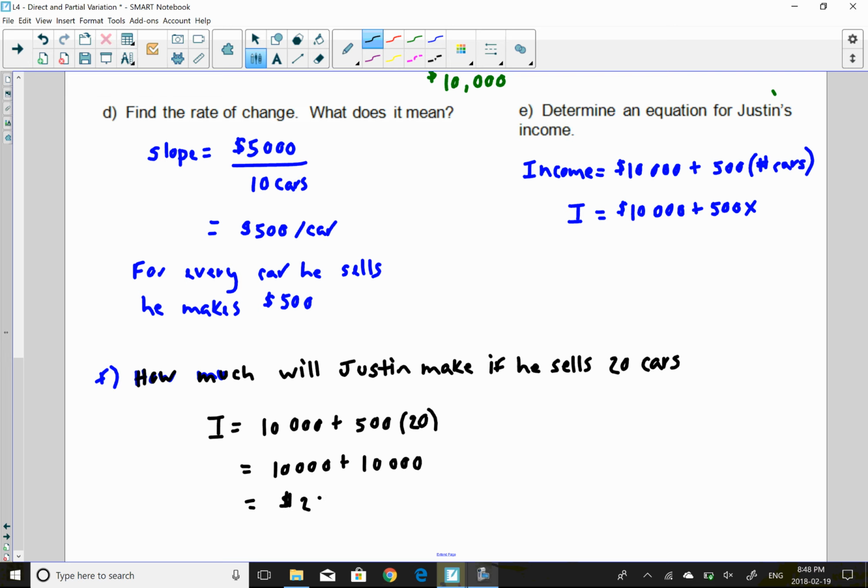So we use the equation to find out. We know that X is our number of cars, so we sub in 20 for that, and we calculate it. So therefore, he would make $20,000 for 20 cars.